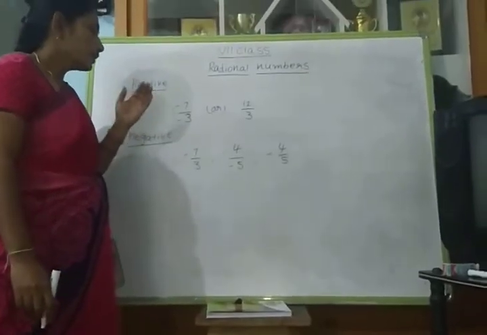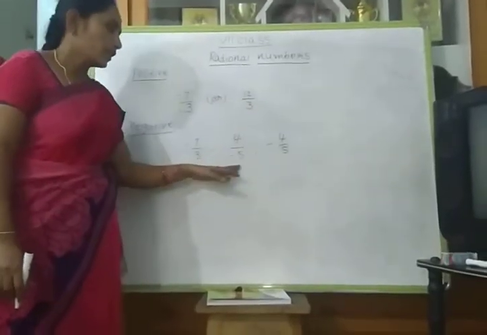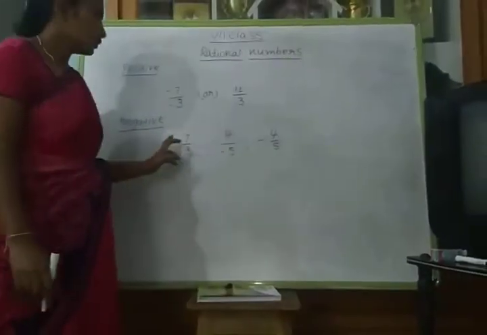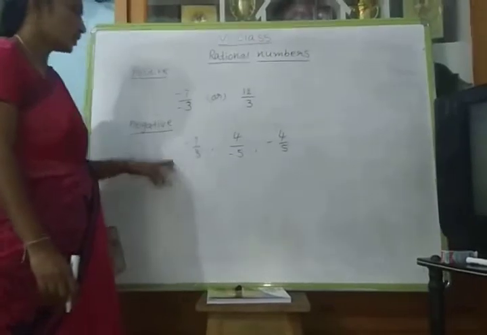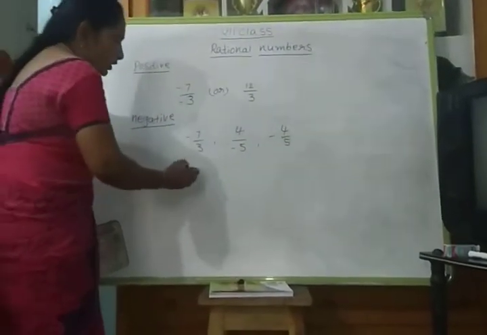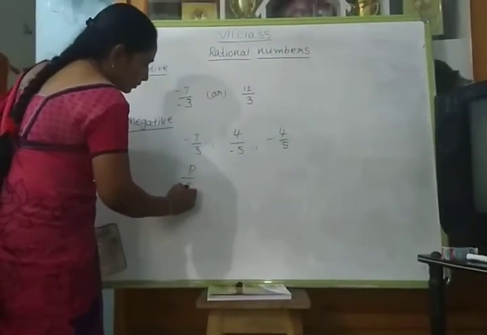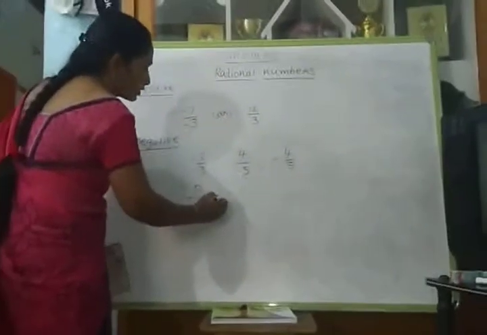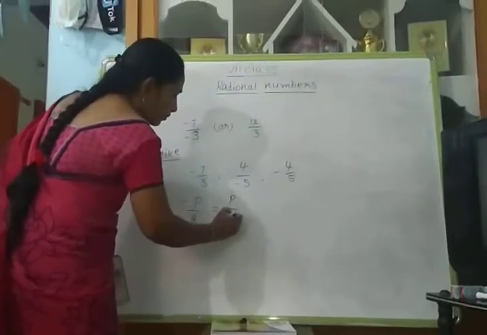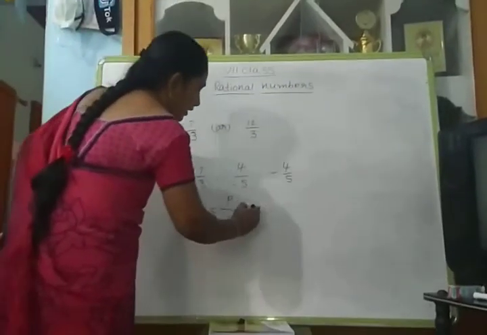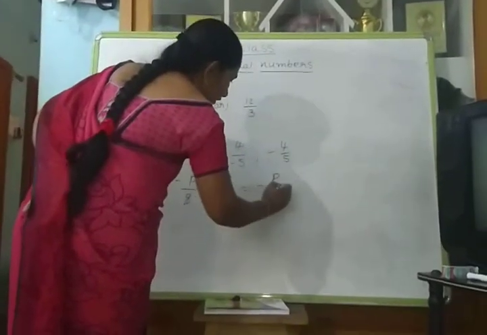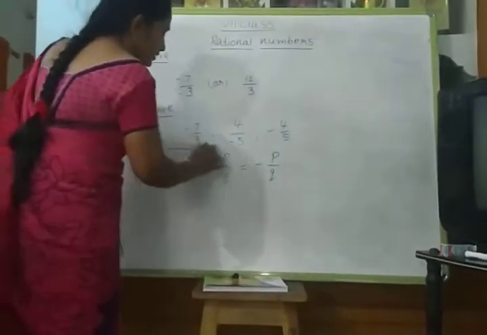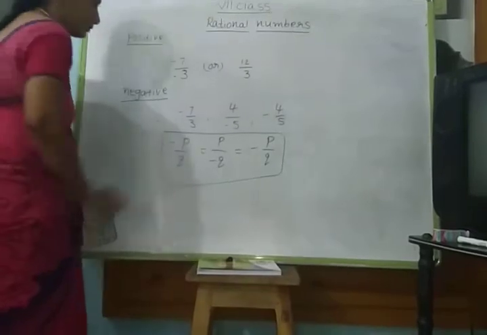So these are called negative rational numbers. We can write a negative rational number as minus p by q, or p by minus q, which is the same, or like this also. So these three are equal.